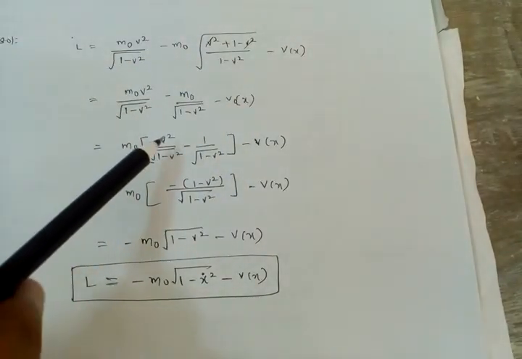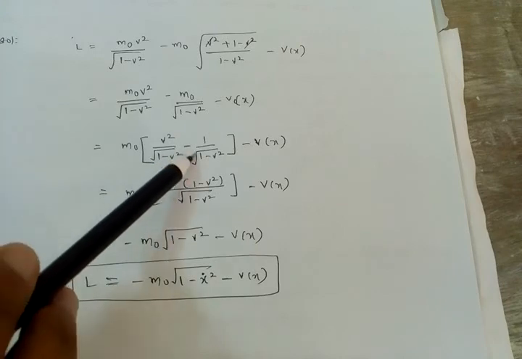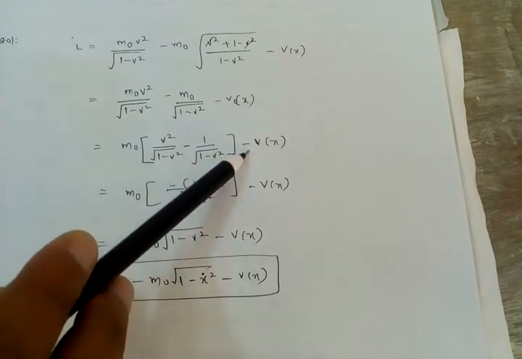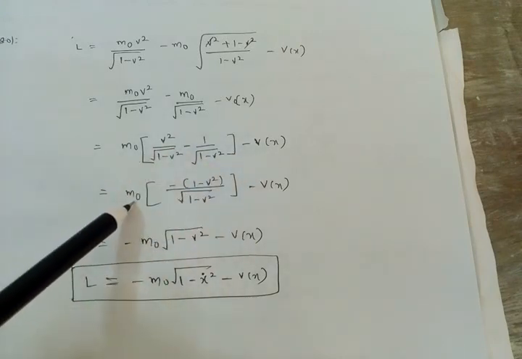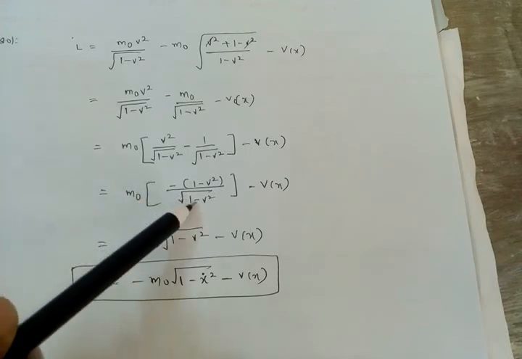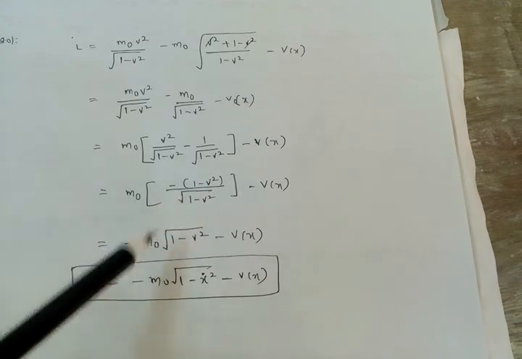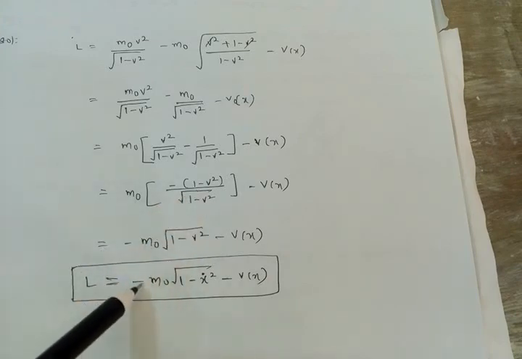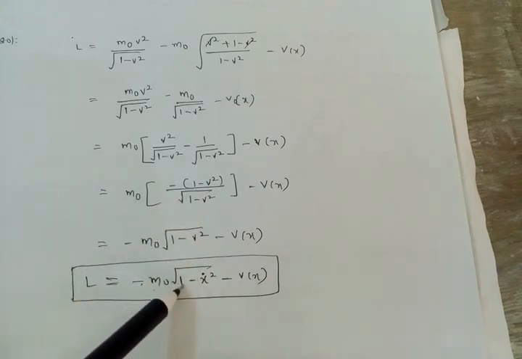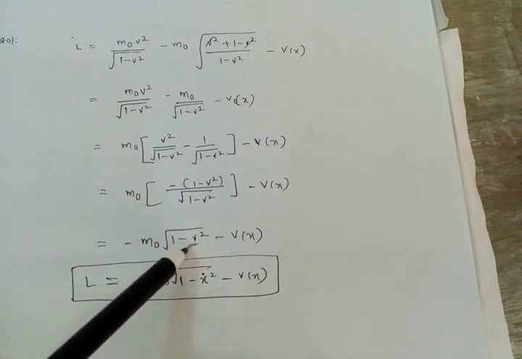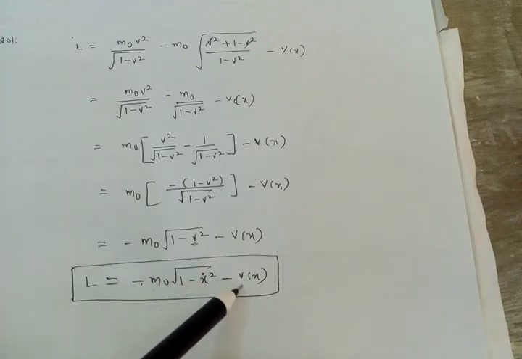Taking m naught common, v squared over the square root of 1 minus v squared minus 1 over the square root of 1 minus v squared, the factors cancel. We get the final Lagrangian equal to minus m naught times the square root of 1 minus x dot squared, minus V of x, where v is nothing but x dot.